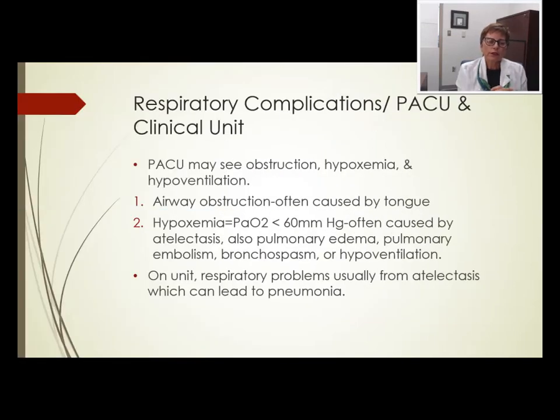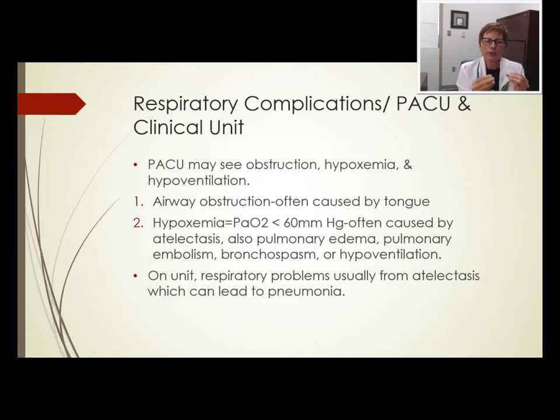So the respiratory complications can include obstruction, hypoxemia, and hypoventilation. Airway obstruction is often caused by the tongue, because when people are asleep, their tongue falls back and obstructs, so they can't breathe properly. Hypoxemia is the PaO2 below 60, and it's often caused by atelectasis, and remember that's where your alveoli deflate.